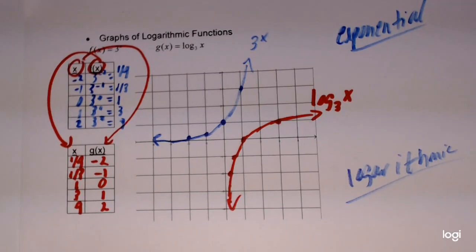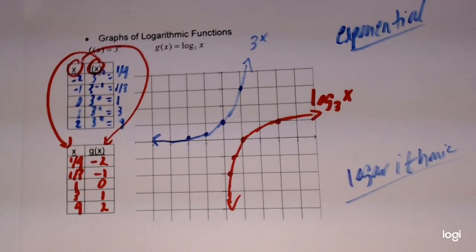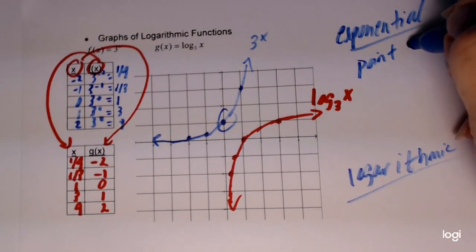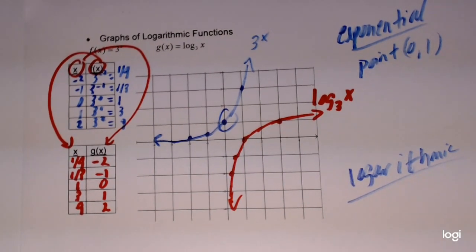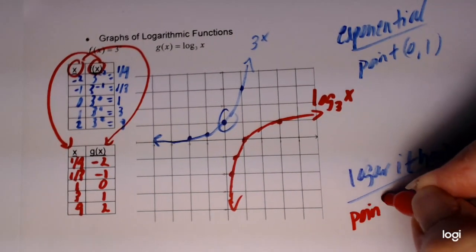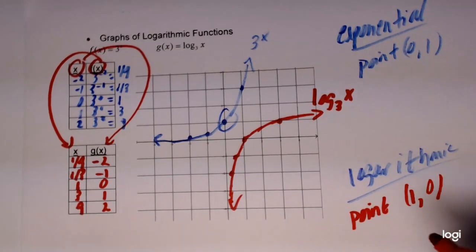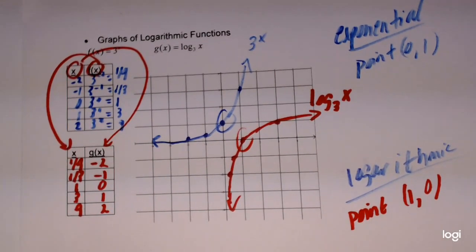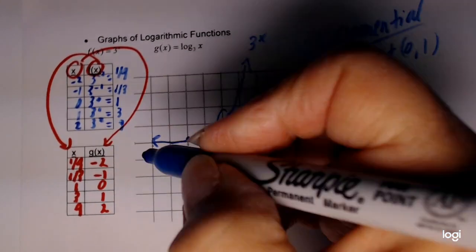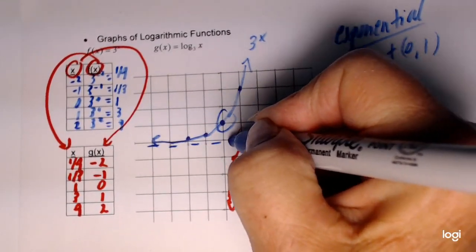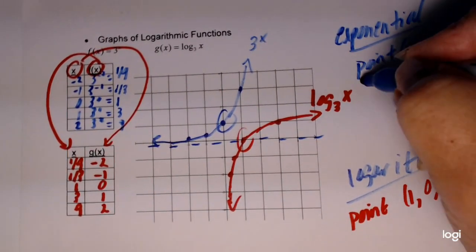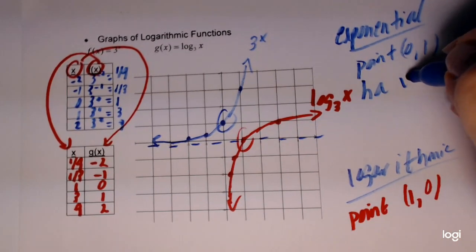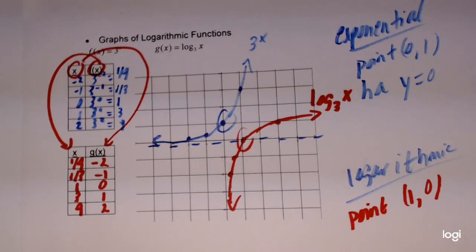So, points. For exponential functions, we have this important point here, (0, 1). Logarithmic, the point becomes (1, 0). X and Y change their spots. For exponential functions, we have a horizontal asymptote. I'll abbreviate that, HA, horizontal asymptote, y equals 0.